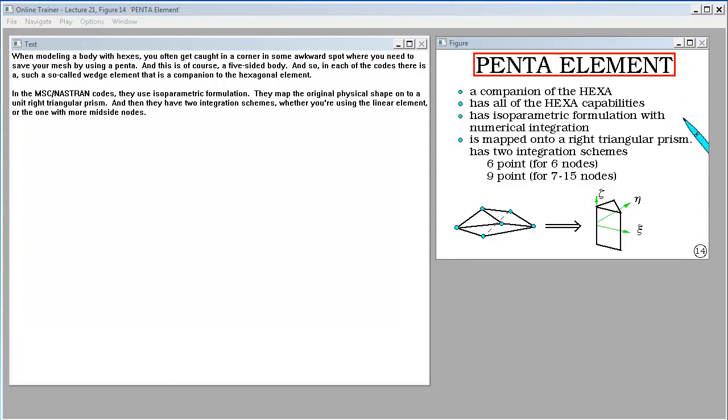In the MSc Nastran codes, they use isoparametric formulation. They map the original physical shape onto a unit right triangular prism. And then they have two integration schemes, whether you're using the linear element or the one with more mid-side nodes.